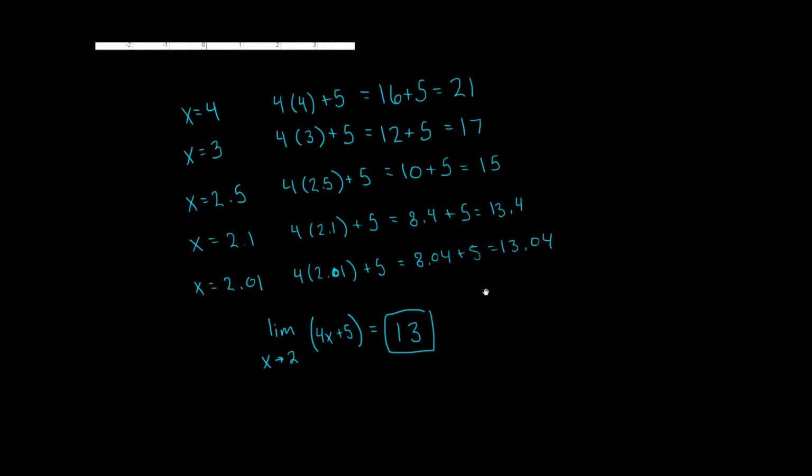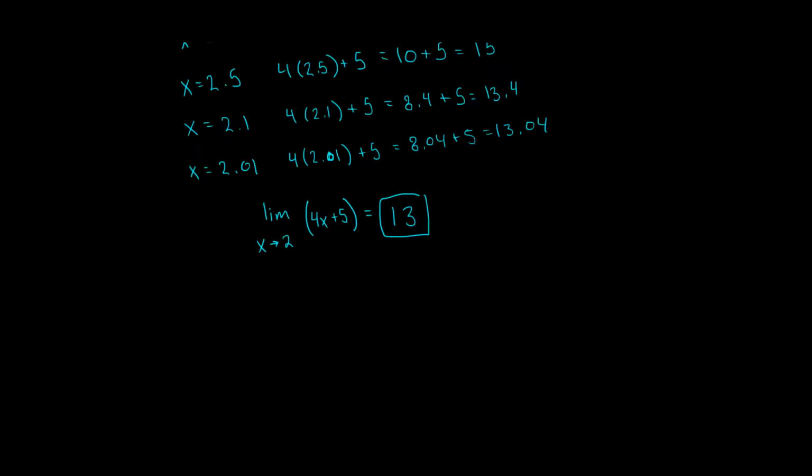A quick way you can double check it in this case is by just plugging 2 in. If we have 4x plus 5 and we plug 2 in, we get 8 plus 5, which is 13. So both of these match, and that tells us that we found the limit correctly.